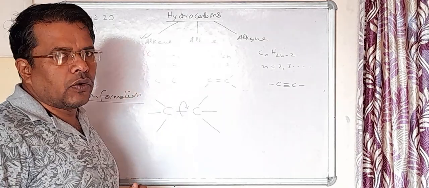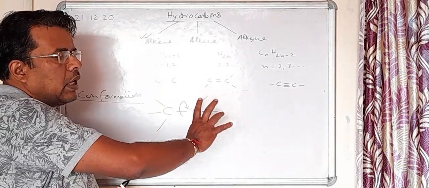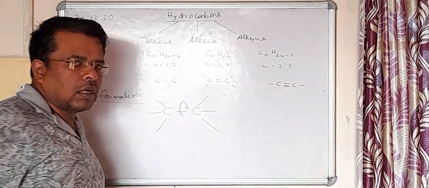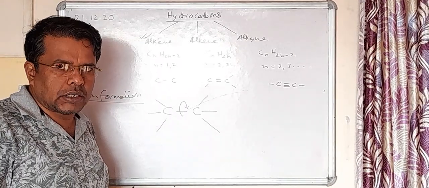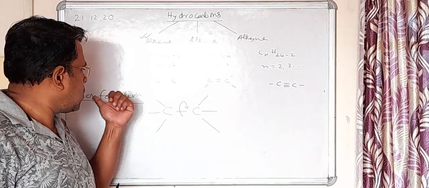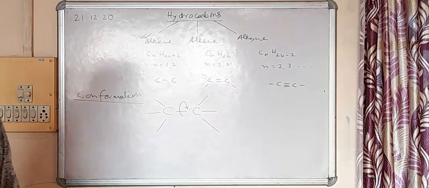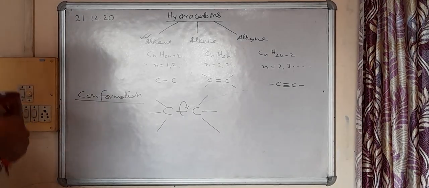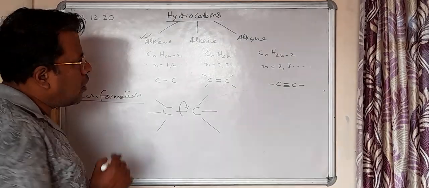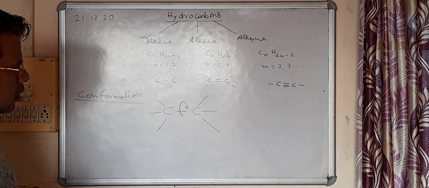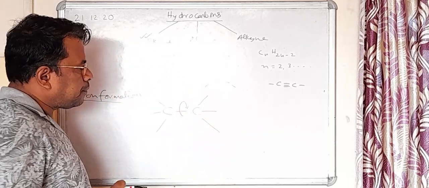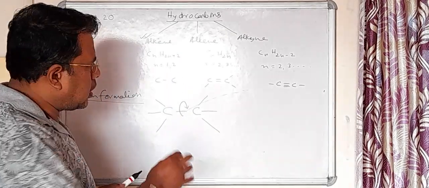And due to this free rotation, the different forms that we will get are called conformers or conformation isomers, and this phenomenon is called conformation. Now one thing you should think in this way: when we say carbon-carbon sigma bond free rotation, it is not that both will rotate.